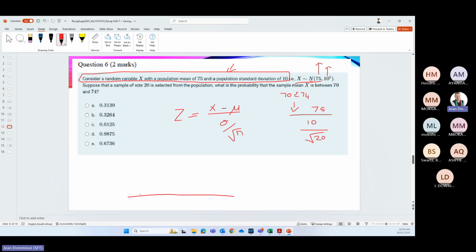So we're going to look at the 70, which is going to be somewhere here. 74 minus is also going to be negative. So that's probably going to be somewhere here, and we will need to work out what is that probability.